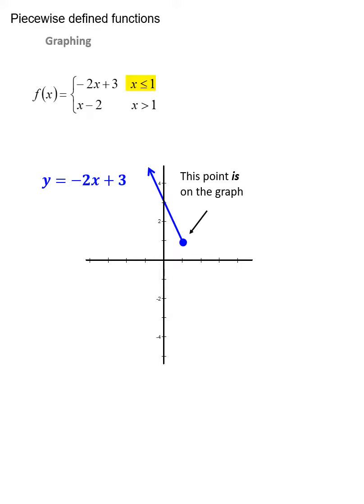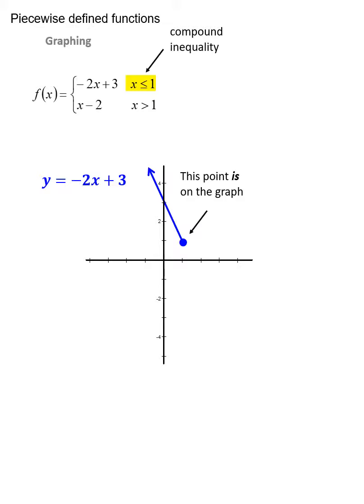Now, most professors or instructors will tell you that the reason we have a solid dot there is because we have a compound inequality here. And while that is true, it kind of misses the point. Follow me on this logic.